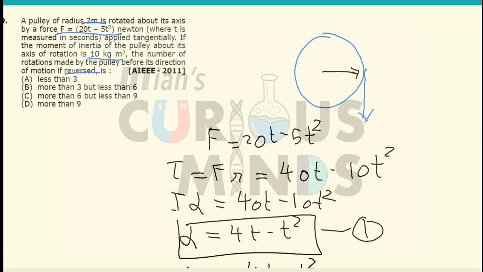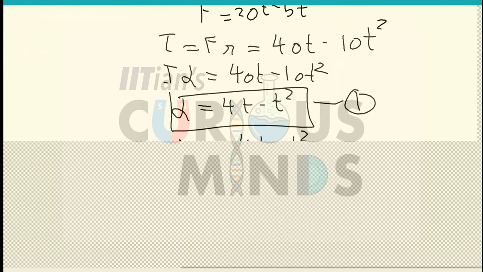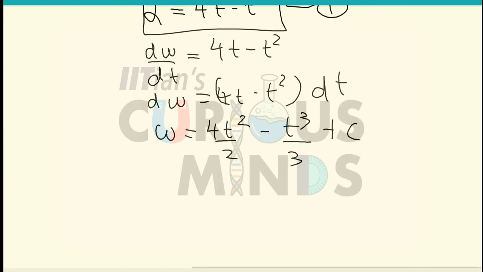If the initial velocity is not specified, I will assume that the initial angular velocity is equal to 0. Then the value of c will be equal to 0. So ω will be equal to 2t² − t³/3.